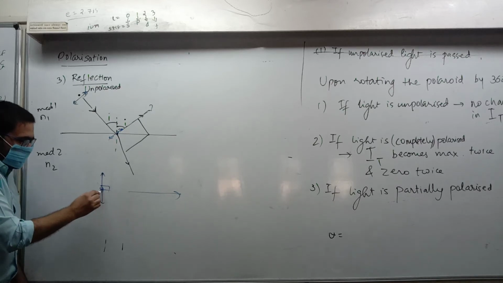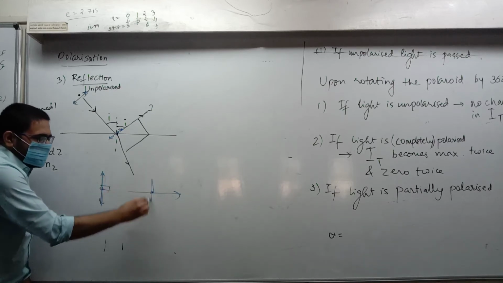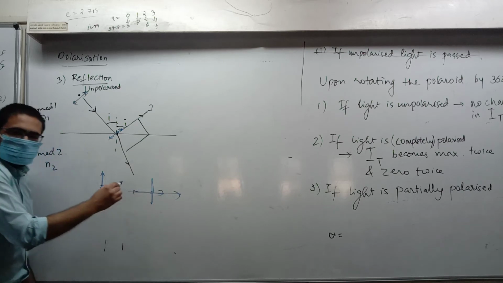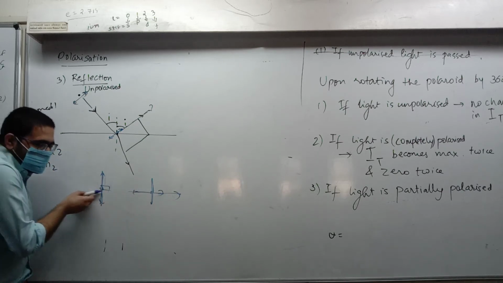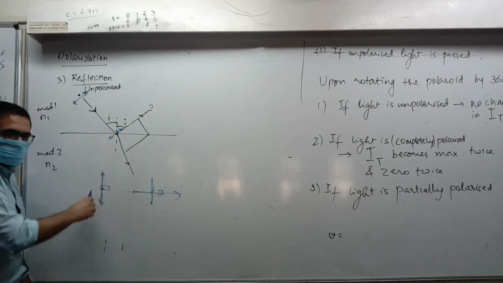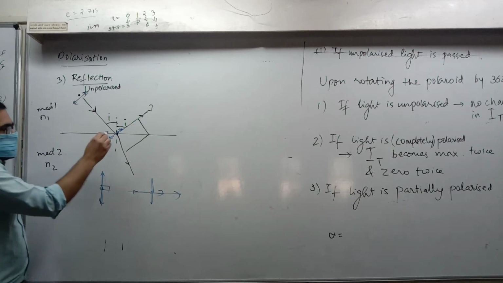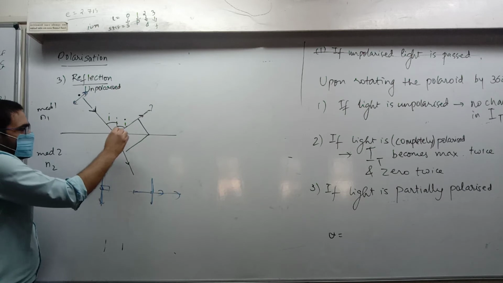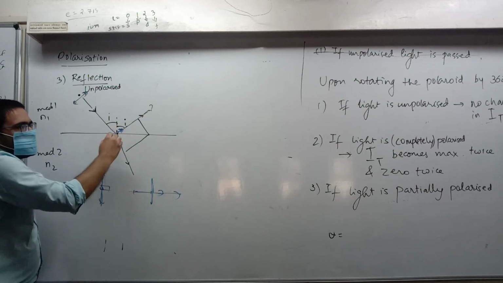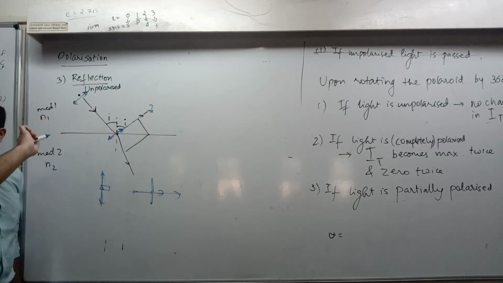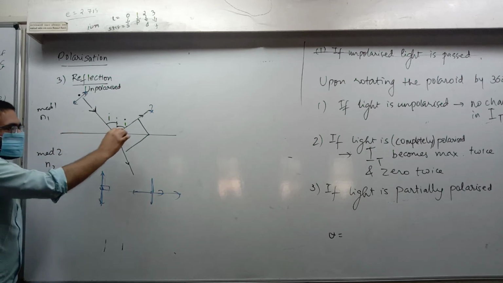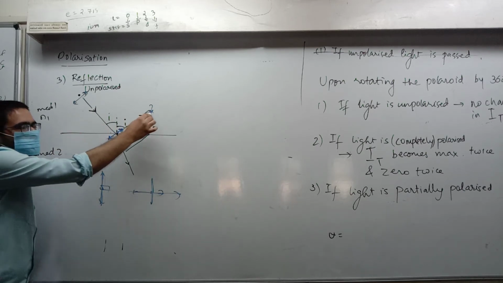Think of it. If these charges move up and down, the electric field would be like this, and it cannot be like this. Also the wave doesn't go in this direction, it goes in the perpendicular direction. So the electric field that causes oscillation in this direction doesn't reach here. Who got that?